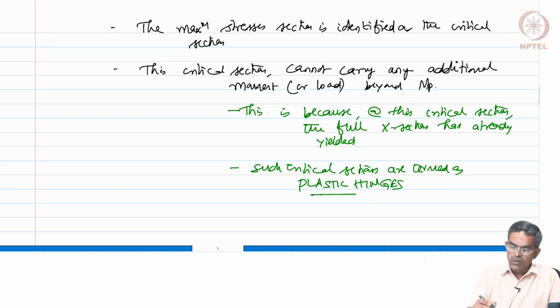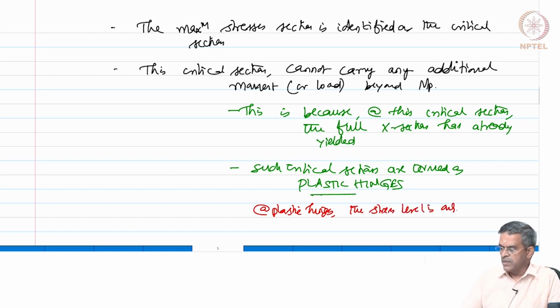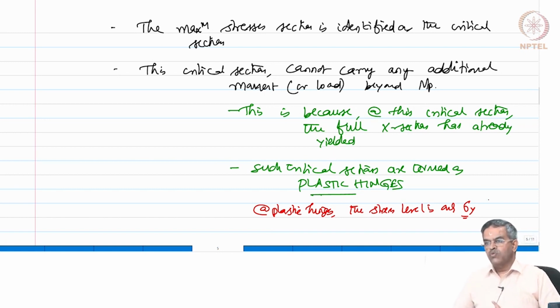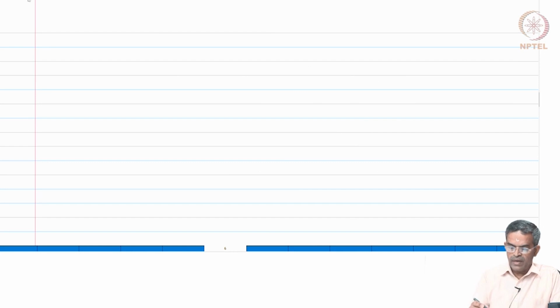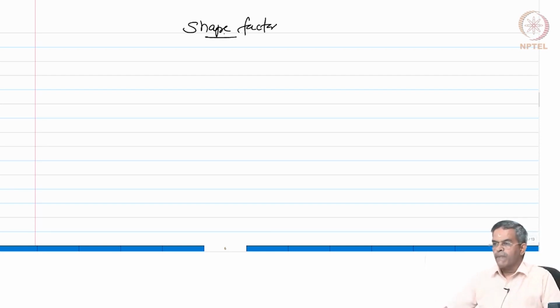Okay. But please note, at plastic hinges, the stress level is only sigma y. But still the term plastic is being used because the deformation at the section is in a plastic stage. Okay. Having said this, let us try to derive the shape factor. Let us quickly see what is a shape factor.